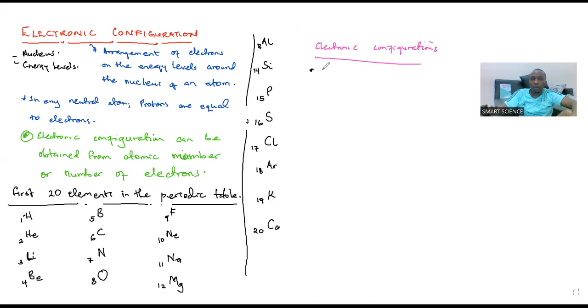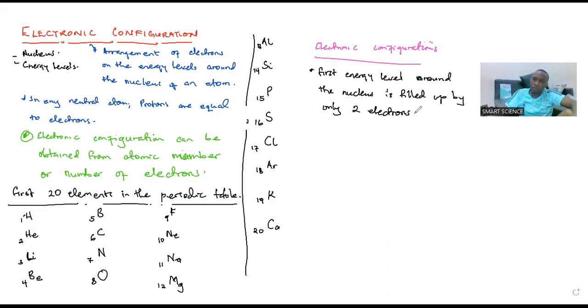Number one, first shell or first energy level around the nucleus. First energy level around the nucleus is filled up by only 2 electrons. That is number one.